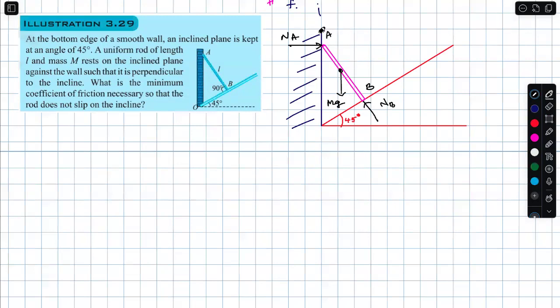This is fortunately a smooth wall. There is no friction here. I will extend this line. I will extend this line.